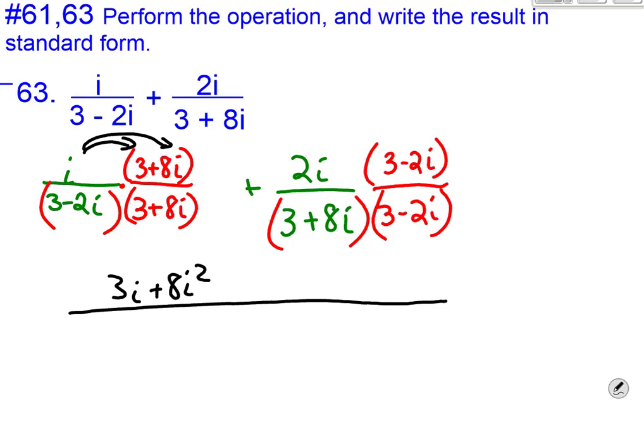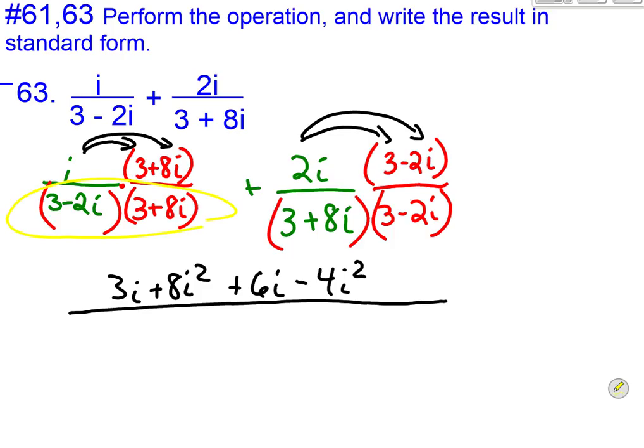This is a plus 2i, so I'll distribute that 2i, and I'll get plus 6i and minus 4i squared. On the bottom, I have to multiply these two binomials. I'll write that out because it's going to take a little more work.